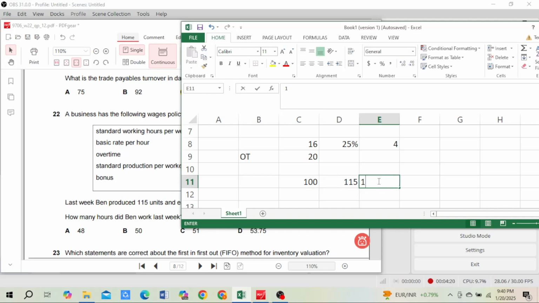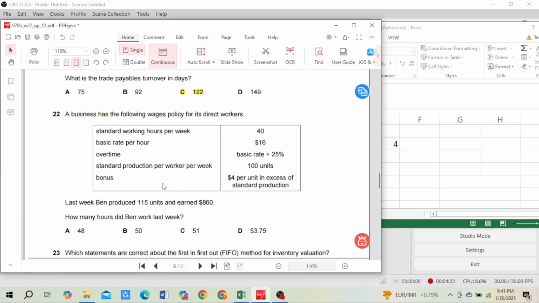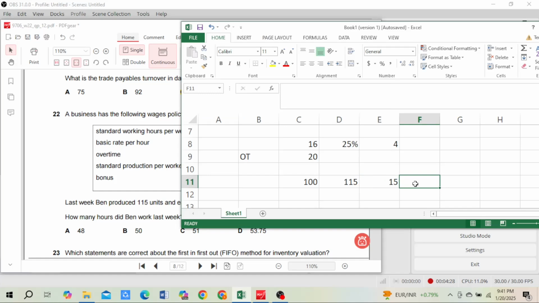That means 15 units extra. And in the question it says that if you produce any extra units, then the bonus would be $4. So he is receiving for extra production 4 into 15, which is $60. So bonus payment is $60 here for units produced.